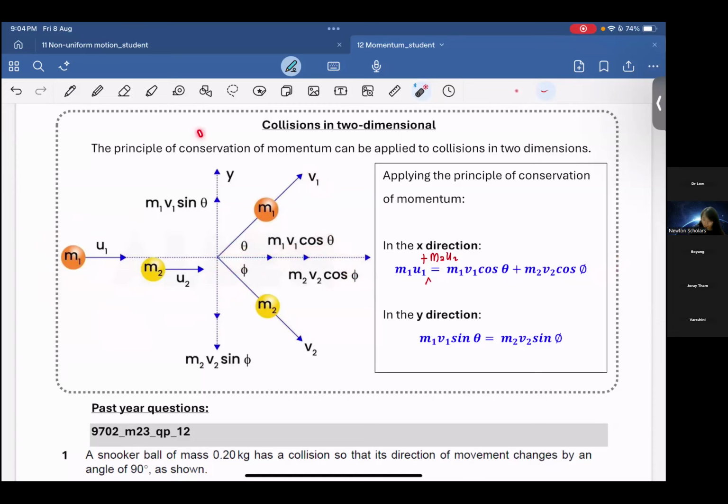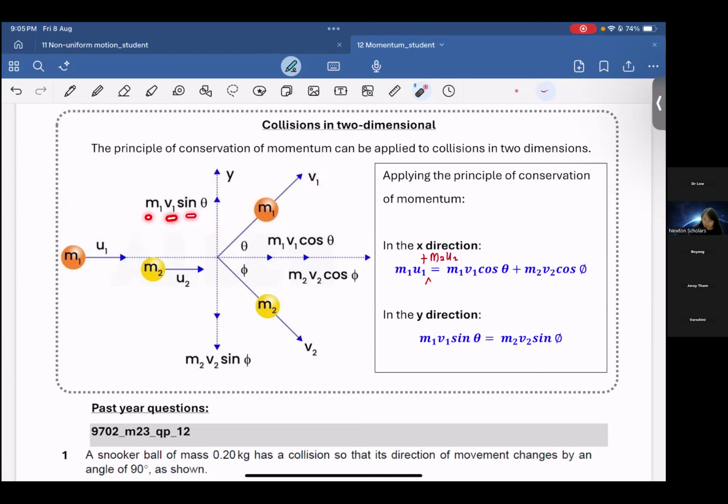For the y-axis, before collision it is only horizontal, so there is no vertical component before the collision. So for the y-axis we only consider after collision. Here, the angle is not in between them, so we use sine.